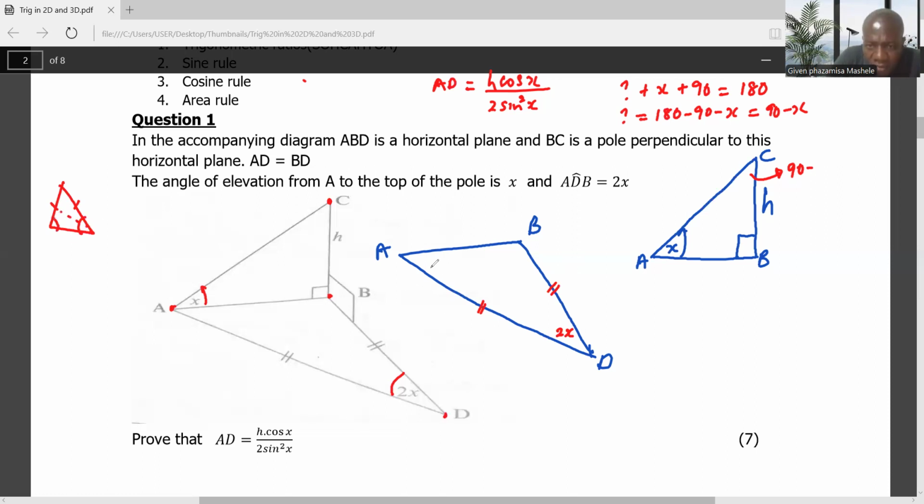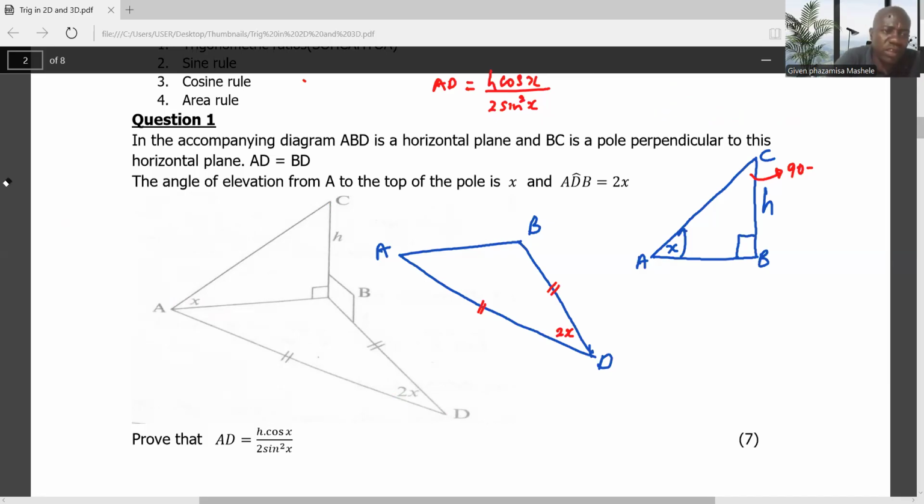What does it mean? It means this angle A here, this angle here, and this angle are equal. So we need to solve them. How to do that? Just to simplify our work, in triangle ABD, we want to show all the workings, guys. I'll just use question marks for now because I don't want to waste time.